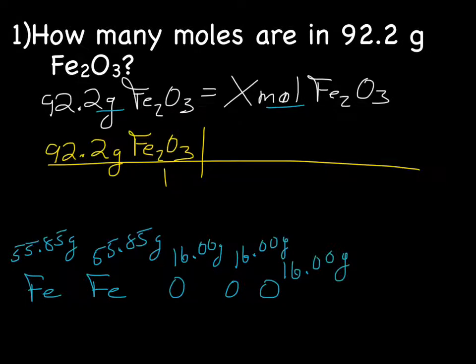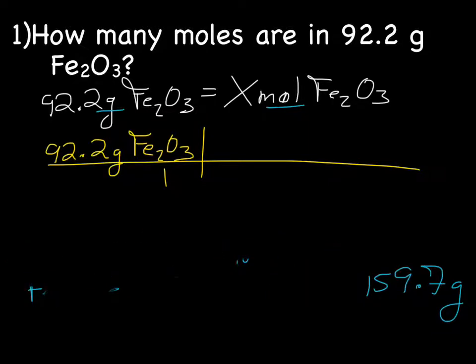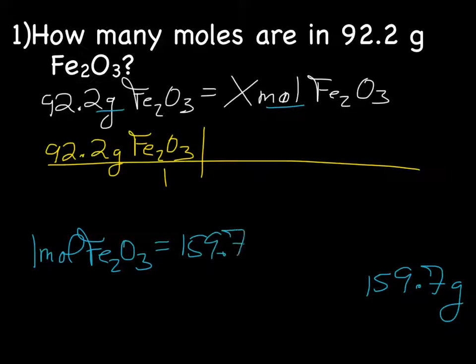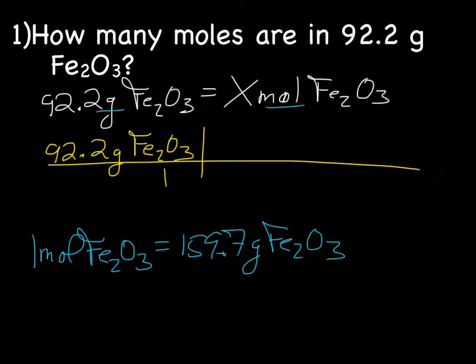So when we add those all up, we get 159.7 grams. Okay, so that means our equality is, let's get rid of this stuff, it's a mess. So now our equality is 1 mole Fe2O3 equals 159.7 grams Fe2O3.